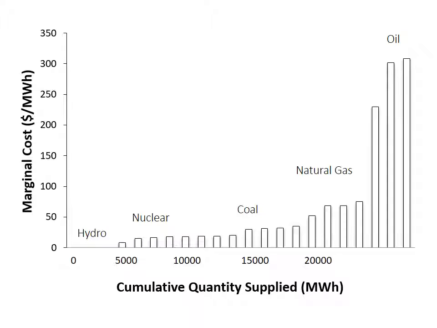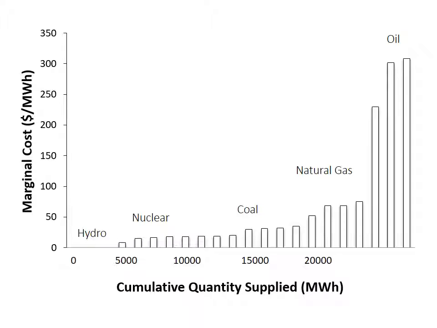So specifically for the power sector, we can develop supply curves using a pretty explicit representation of the variable costs of different generation technologies. On the y-axis here you have the marginal system cost, the additional dollar per megawatt hour that you have to pay in order to get one more unit of electricity at each point along this x-axis, the cumulative supply of electricity.